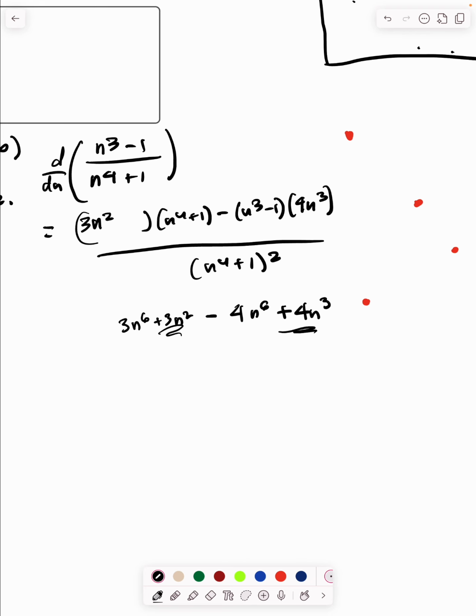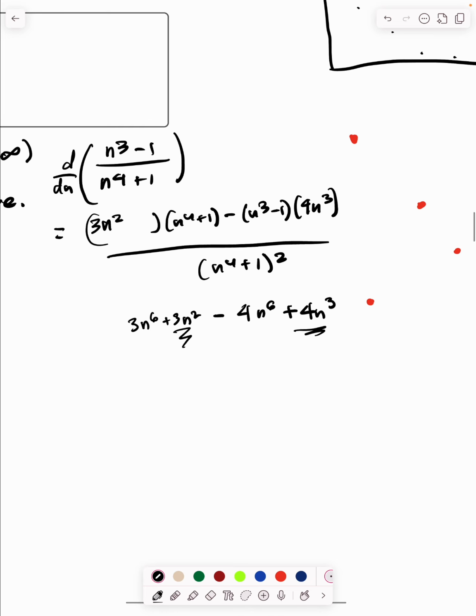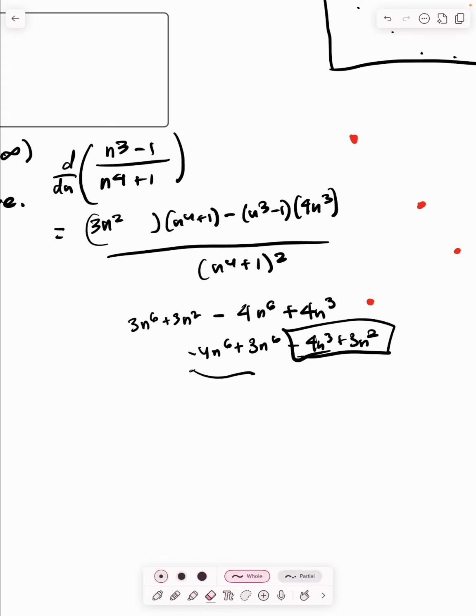These other terms will never grow as fast as the n to the power 6, so we can just put them behind us. We'll just consider the negative 4n to the 6th and 3n to the 6th, and we can ignore the 4n cubed and 3n squared terms. Let's look at these ones.